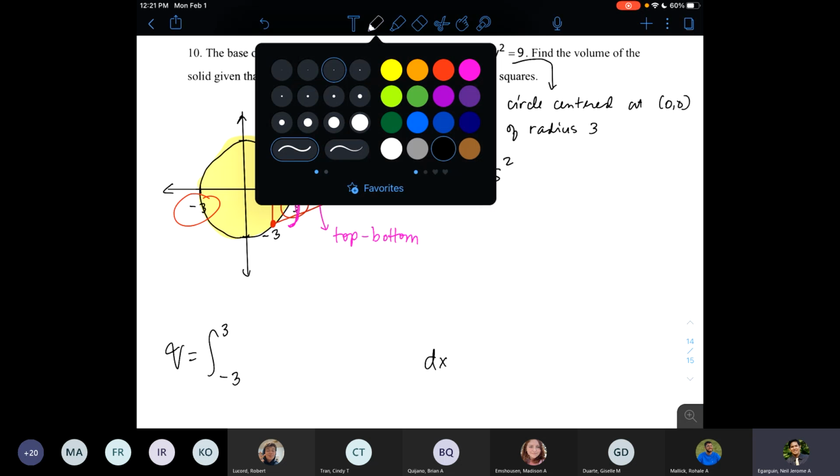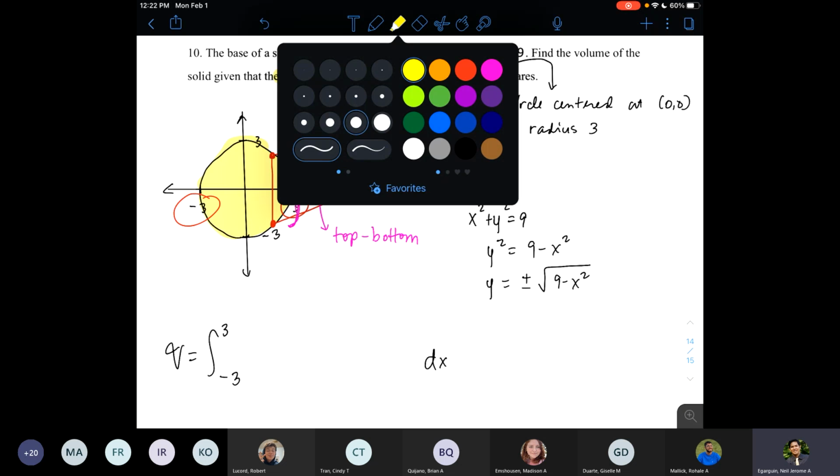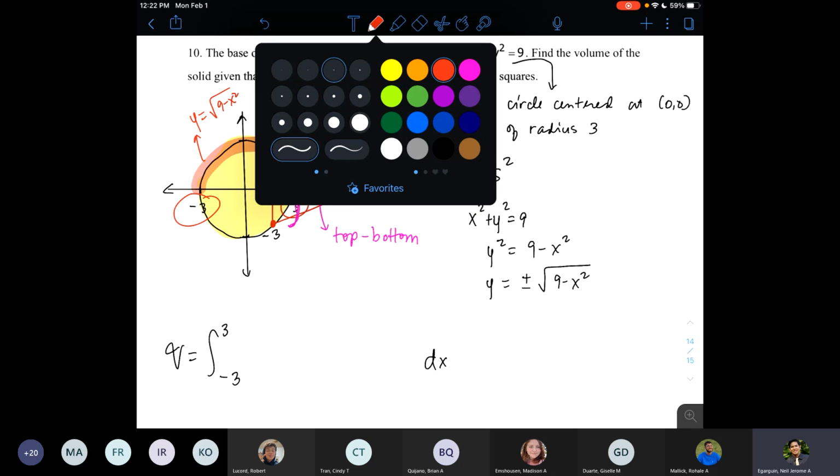Remember, we are dealing with a circle of equation x squared plus y squared equals 9. And then I solve for y in terms of x. I'll get y squared equals 9 minus x squared, and then y is equal to plus or minus root of 9 minus x squared. Good. Now, why do I have two options here? Remember this top portion? That is the one that has the equation y equals root of 9 minus x squared.